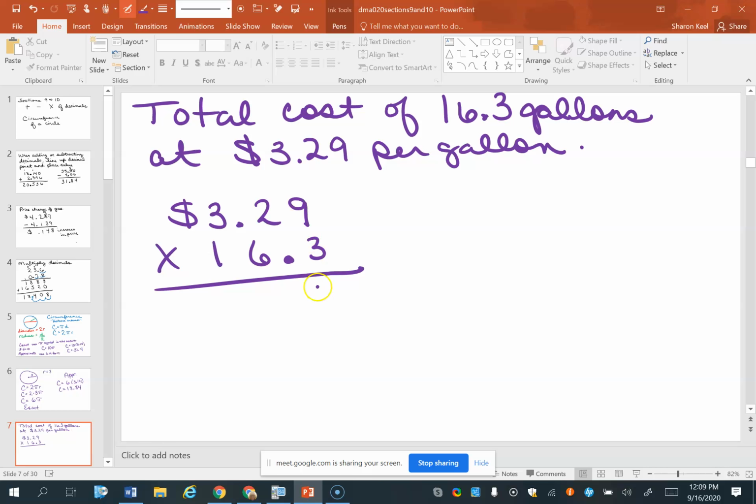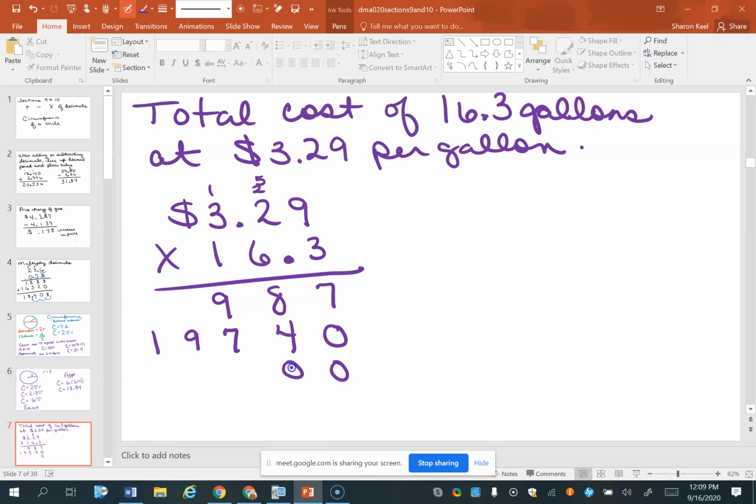3 times 9, 3 times 2 is 6, and 6 and 2 would be 8. 3 times 3 is 9. Bring down a 0 to hold a place value. 6 times 9, 6 times 2 is 12, 12 and 5 would be 17. 6 times 3 is 18, plus 1 is 19.